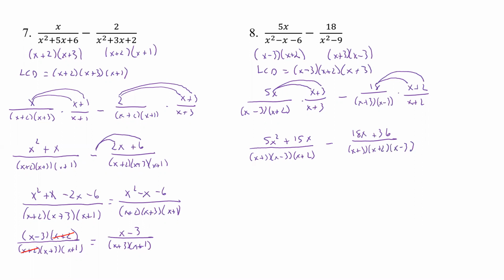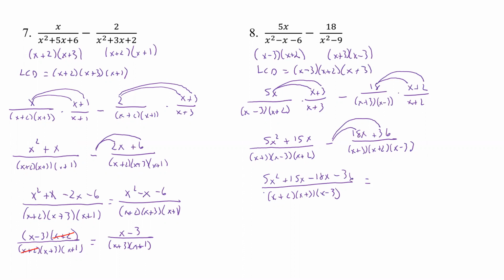Okay. Now remember, when we subtract, we have to subtract and change the sign of both of those. So that's going to give us a 5x squared plus 15x, then we have minus 18x, then minus 36 all over x plus 2, x plus 3, x minus 3.